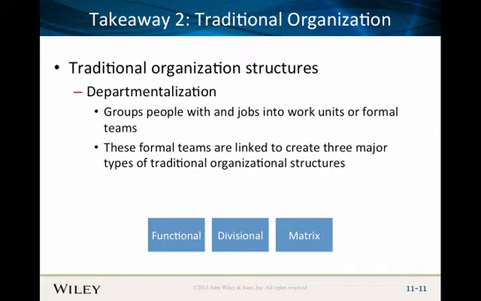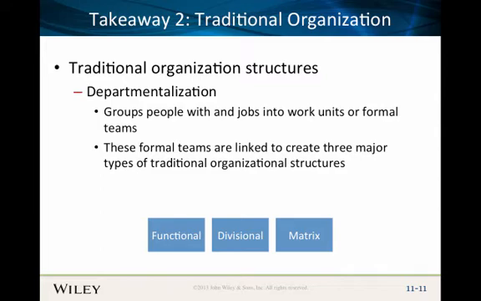And these formal teams are then linked to create three major types. Essentially, the three major types of traditional structures are based upon the type of departmentalization you choose, essentially how you have chosen to group people or roles together.